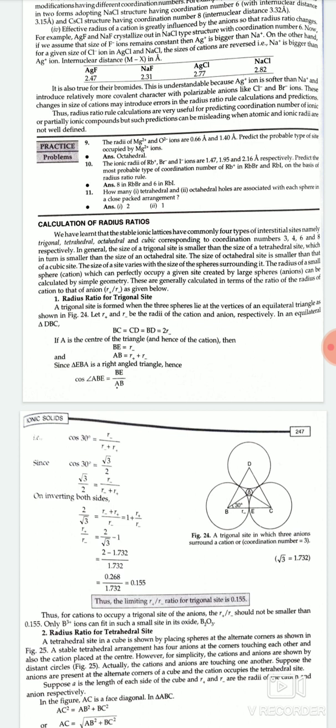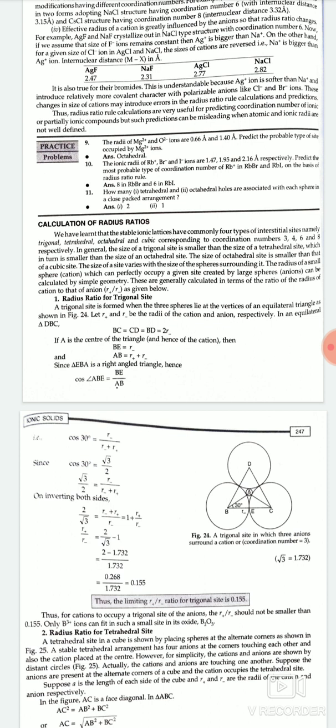A trigonal site is formed when the three spheres lie at the vertices of an equilateral triangle as shown. Let r+ and r- be the radii of the cation and anion respectively in an equilateral triangle DBC, where BC = CD = BD = 2r-.